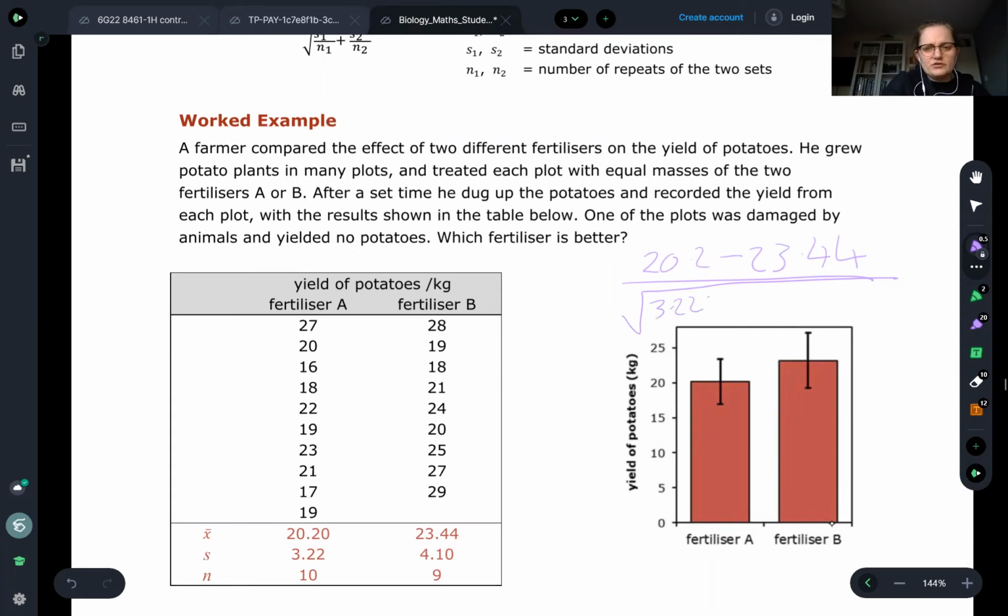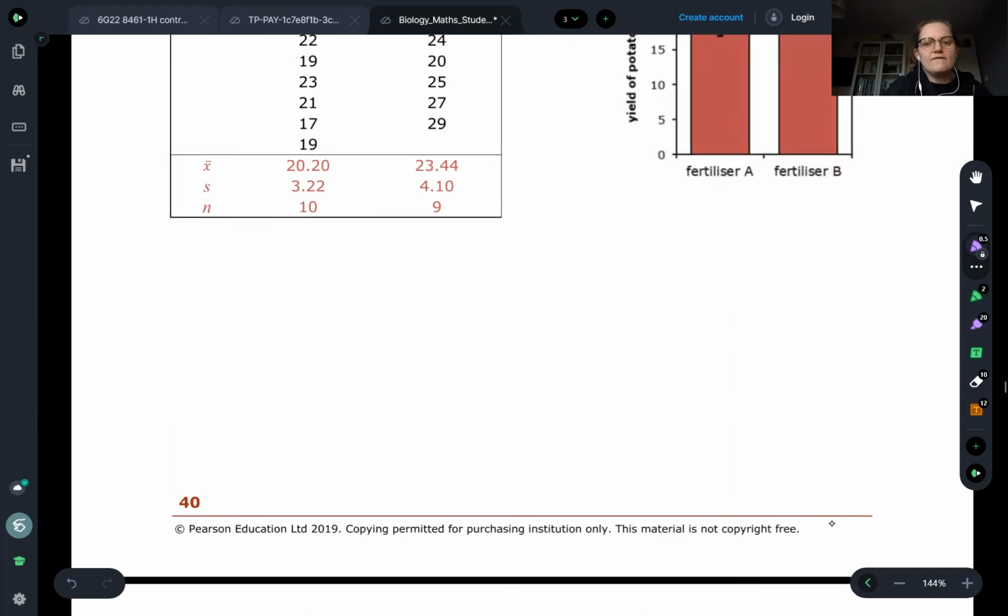That's going to be 3.22 squared over the number of samples, which is 10. And then we add the standard deviation for our other side, which is 4.10, with 9 samples. That is how we'd work out our t-test. Put that through in our calculator, and this is what we would get.